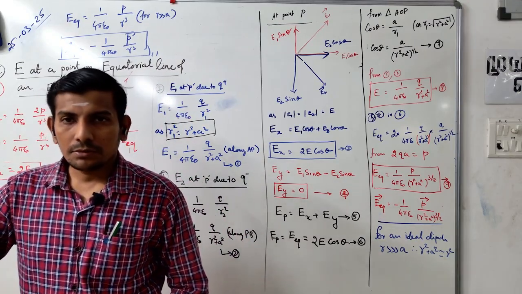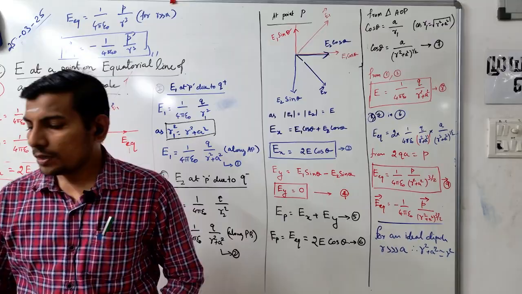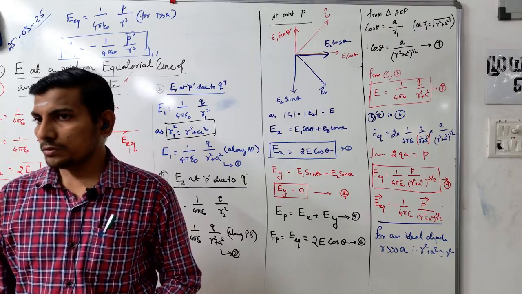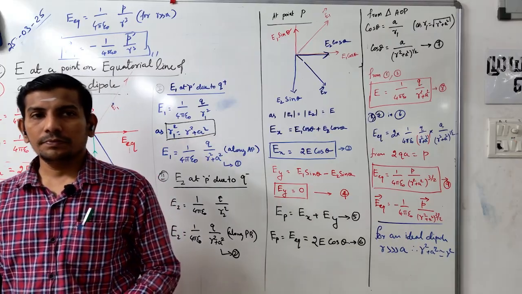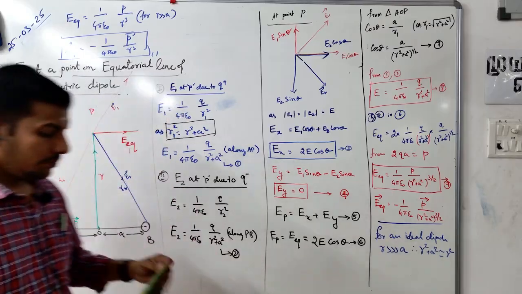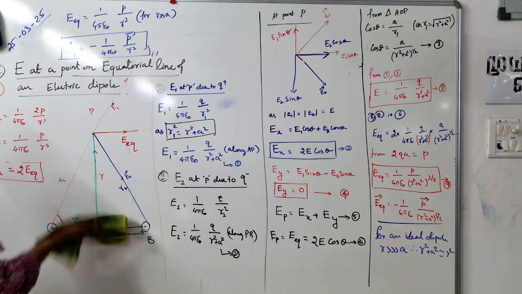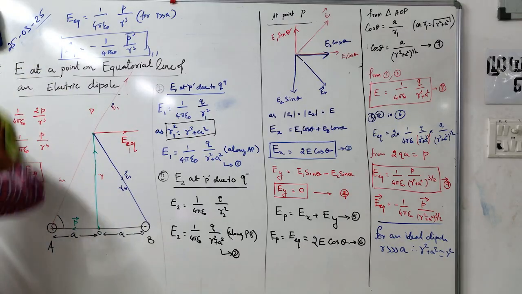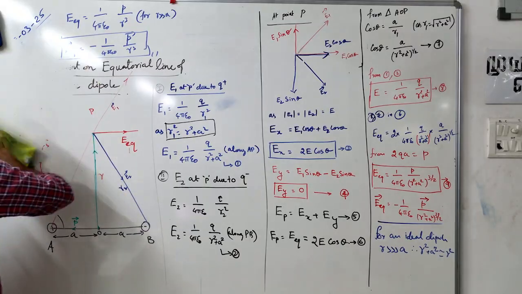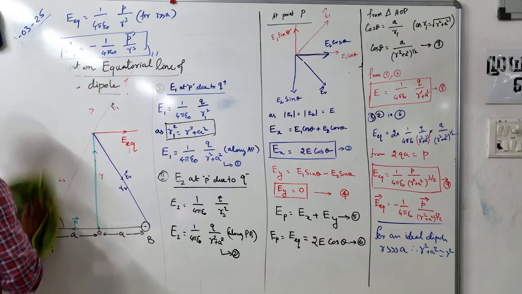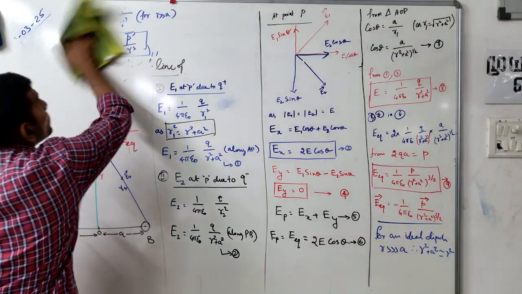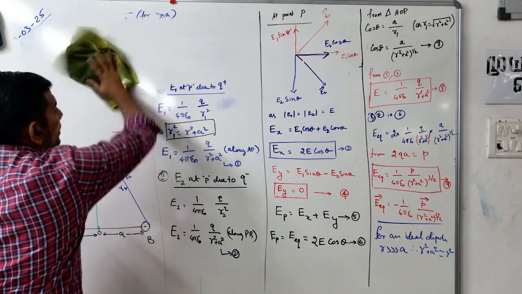Is it a sinusoidal function? Can this be? Between the axial line and equatorial line, what kind of function is it? As the angle is increasing, what happens to the electric field strength?